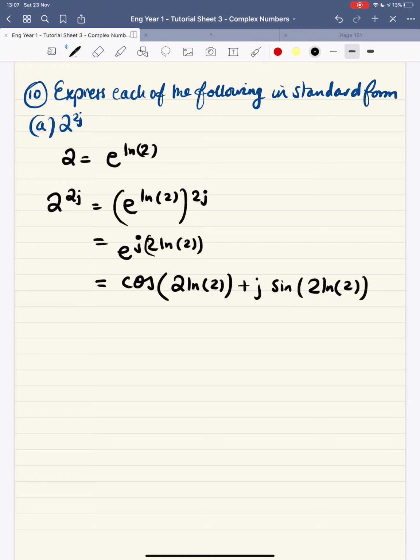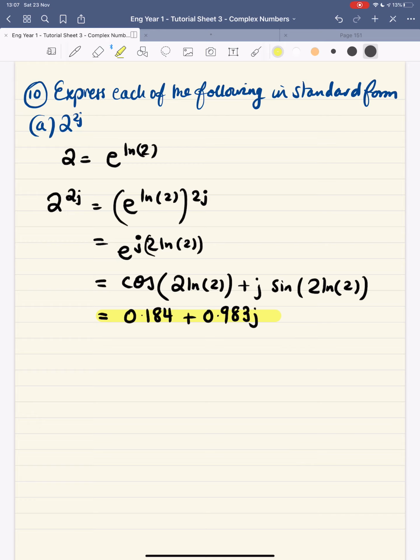And you can take that one stage further on your calculator if you so wish. I've got the answers in front of me, so assuming these are right, 0.184 plus 0.983j. Okay, I'll just check that one. Cos of 2 log 2, or ln 4.